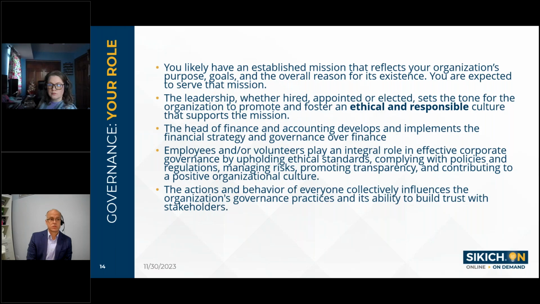Back to governance, employees should avoid situations that pose an obvious conflict of interest. They should have a significant role in shaping the organization's culture and its ethical tone. And everybody in your organization can influence customer and stakeholder relationships through professionalism, responsiveness, and commitment to customer service.